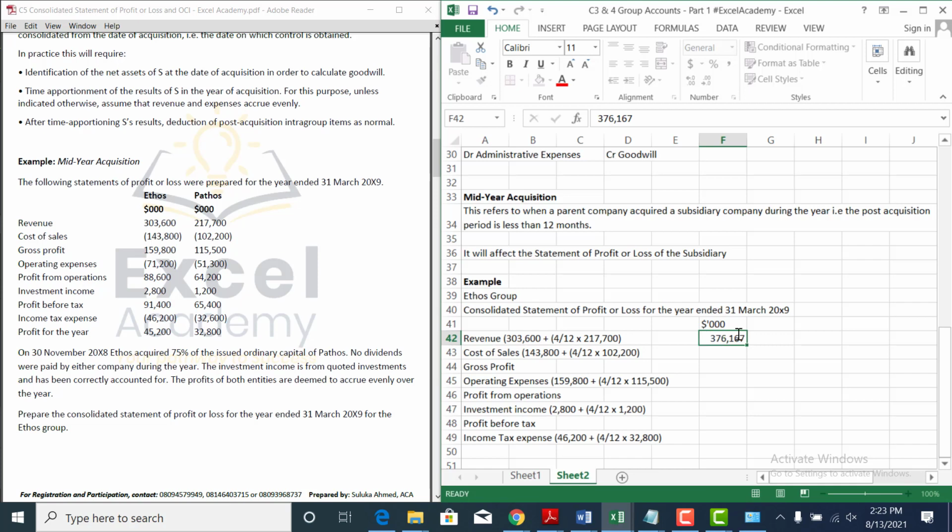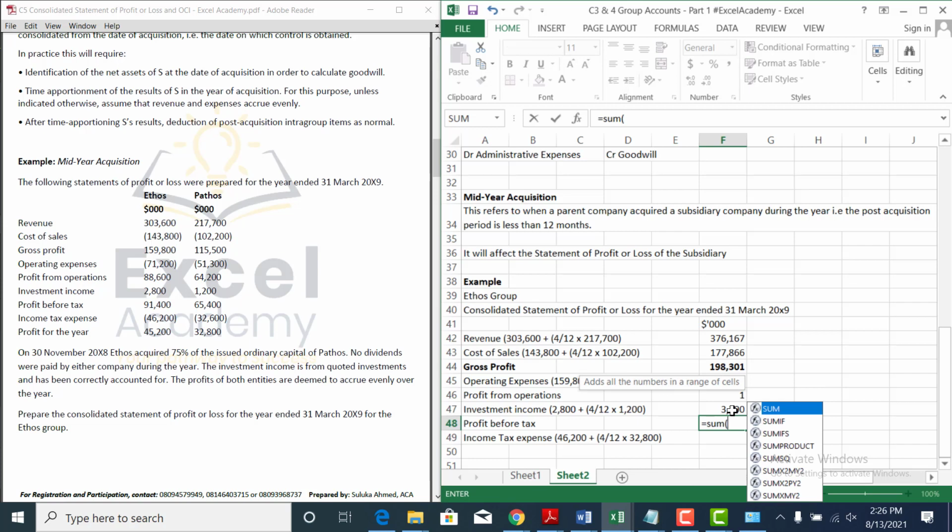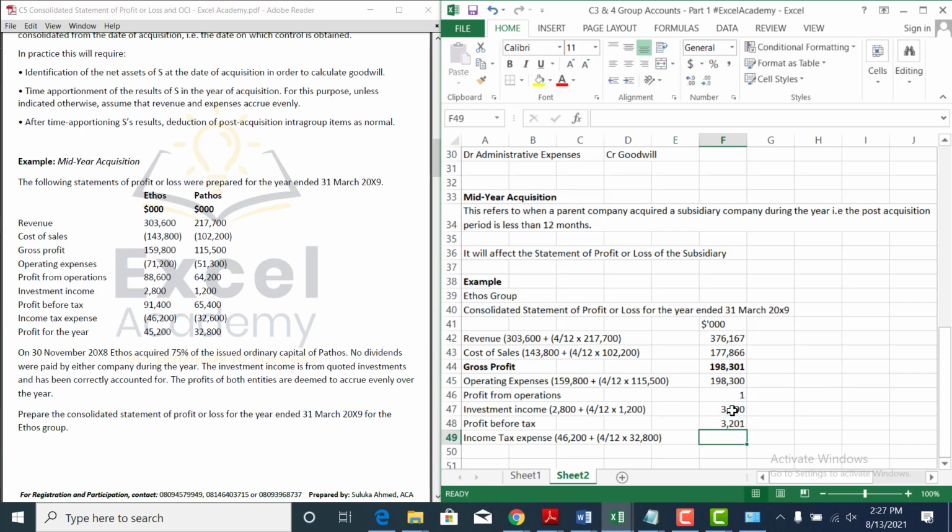Let's just say 167, next is 866. Gross profit is this minus this. Operating expenses is 198,300. Profit from operations would now be this minus this, 3,200. Profit before tax is the sum of the two. Then the income tax expense is 57,133.